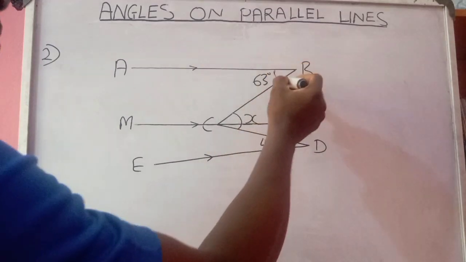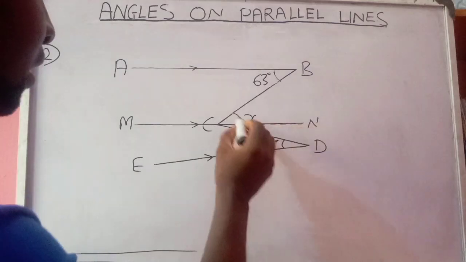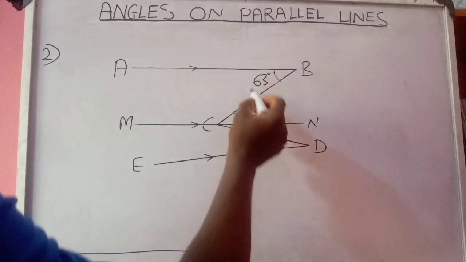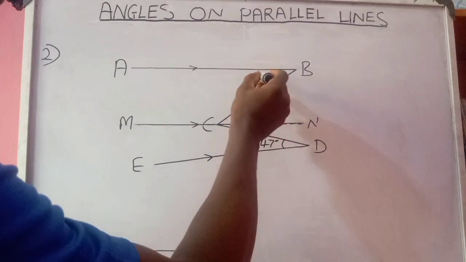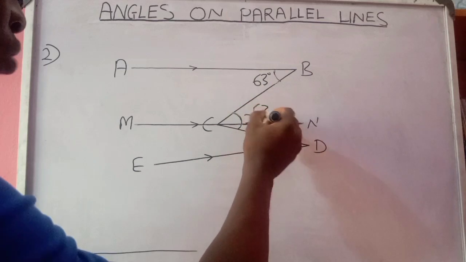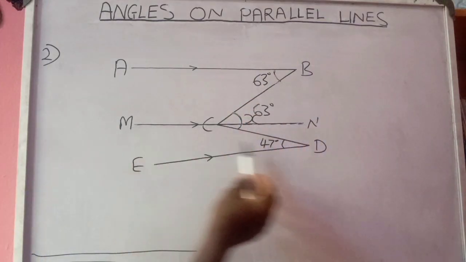Can you still remember what we say concerning when we get something like Z out of it? The joint here and the joint here are said to be alternate angles, right? So therefore, if this place is 63 degrees, then this side should also be what? 63 degrees.